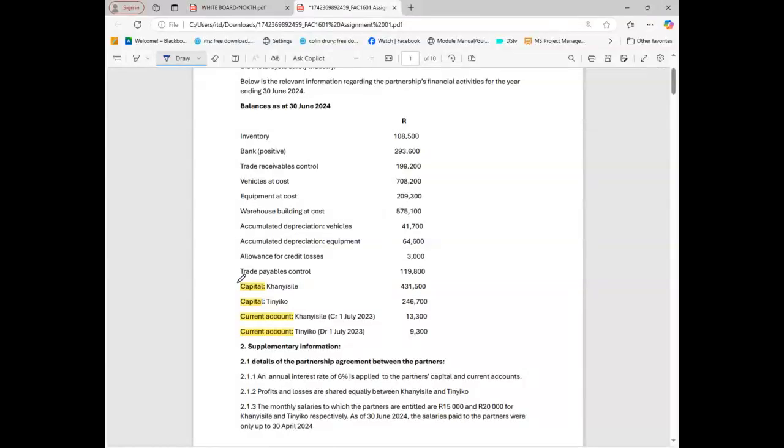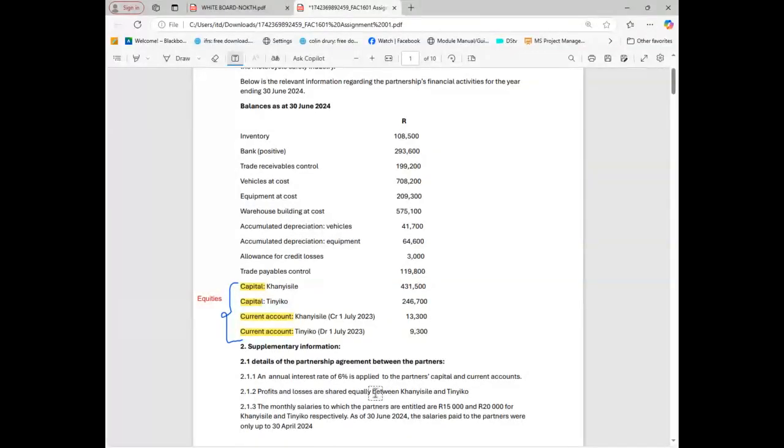So all these accounts are classified as equities. They are both owners' equities. So you must know that they are both owners' equities.